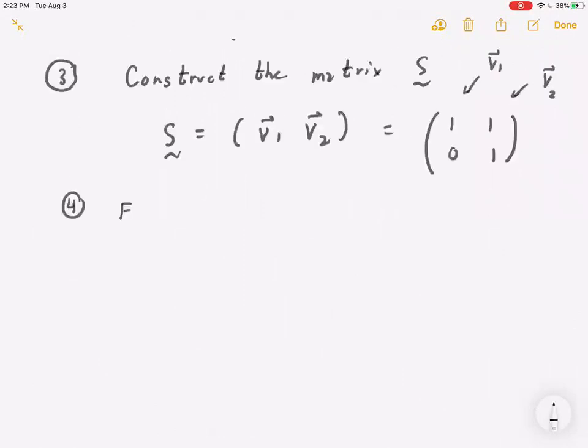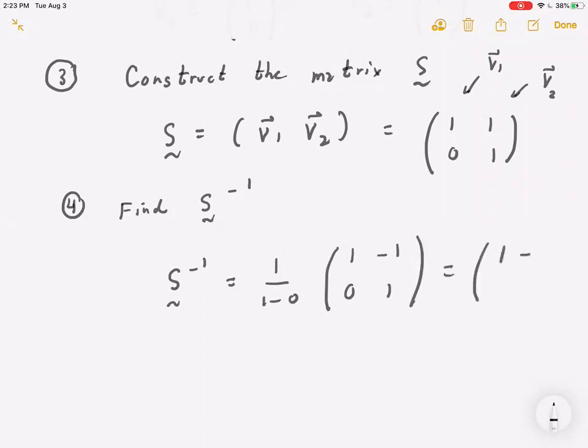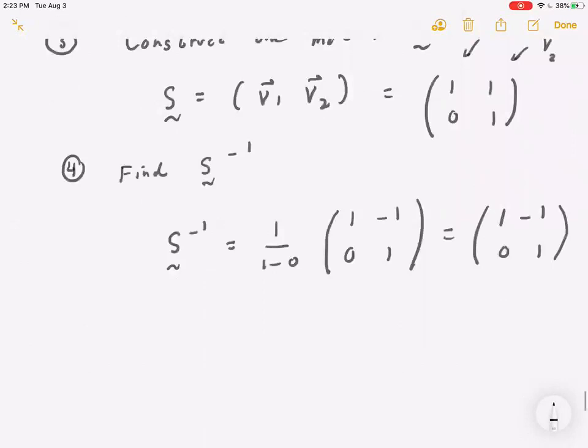So we are going to need in this expression the inverse of S. So you could use Gauss-Jordan elimination, or you could just use the simple definition of the determinant of a 2 by 2 matrix. And in that case, that is simply that. And it's nice to verify this.